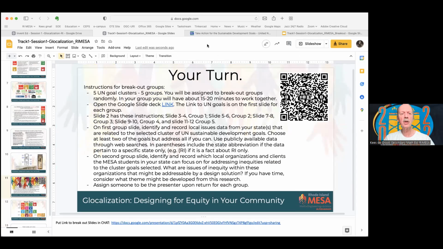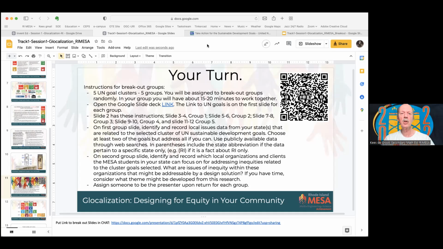So I'm going to organize 5 groups around that, and you will be randomly assigned to one of those breakout groups. Hopefully there will also be a variety of different states in there. Then you use the Google slide deck, and on the second slide, these instructions are repeated, so you don't have to memorize them.